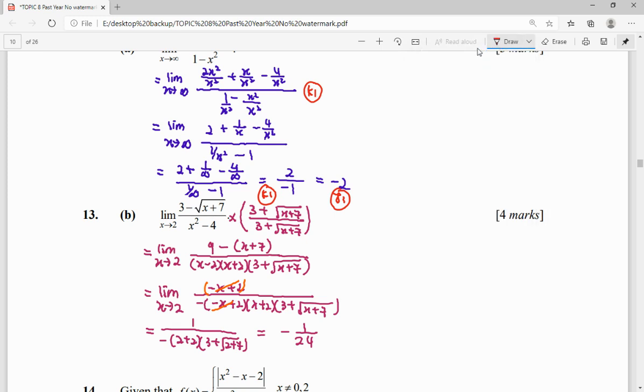So the important concept here will be multiply with its conjugate, and then our factorization for quadratic. Then we simplify our function and evaluate the limit to get to the answer.